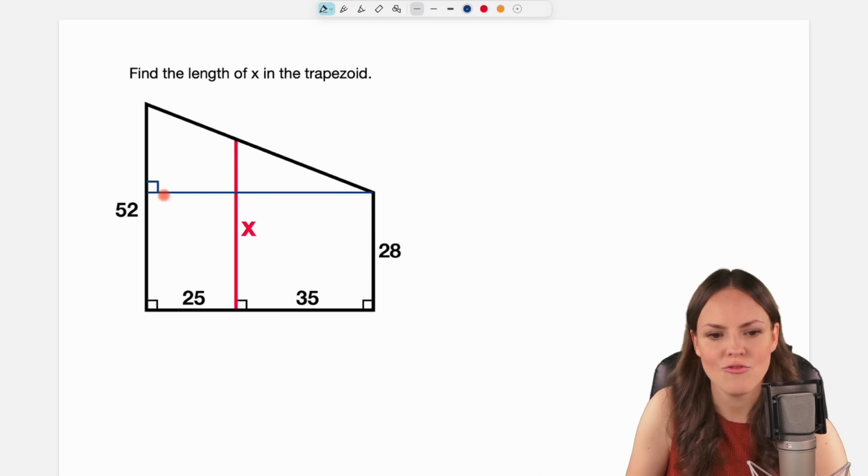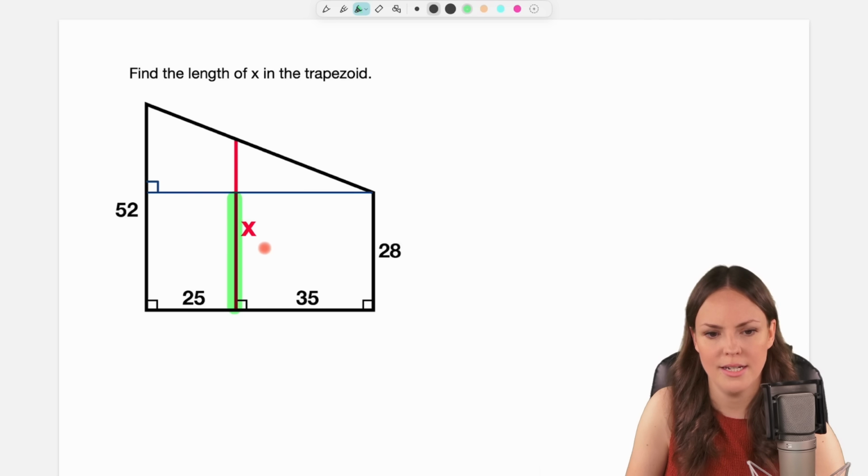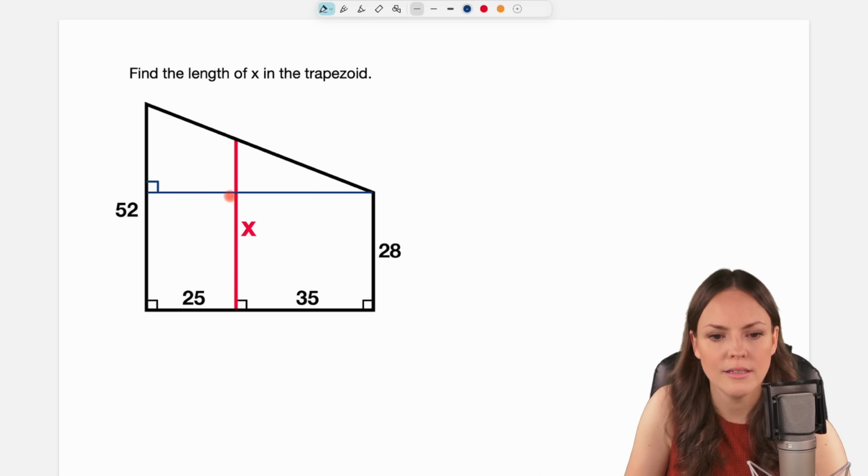So in this rectangle, we know the length of this part here of our x because it is the same as this length here. So this part is of length 28.